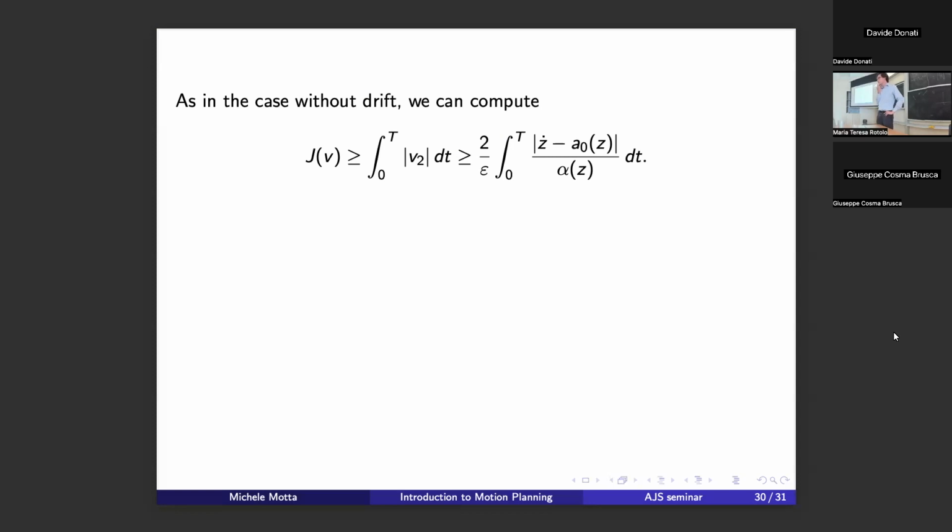You can take even some power p; I think it works more or less the same. It is similar, a kind of L1.